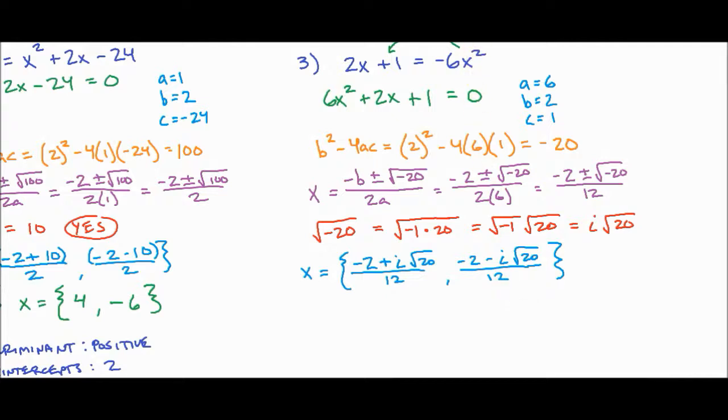And let's write this last note here. If our discriminant is negative, then the number of x-intercepts is 0. There are no x-intercepts. This parabola will never cross the x-axis.